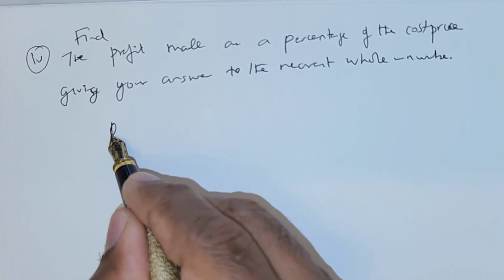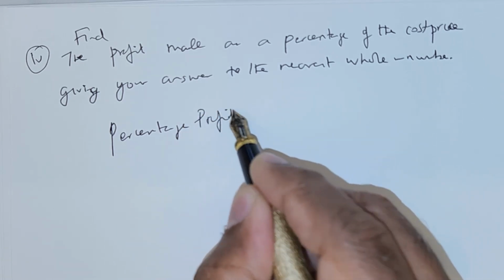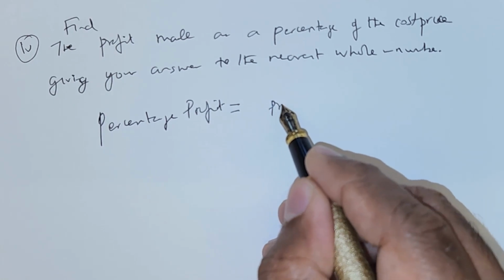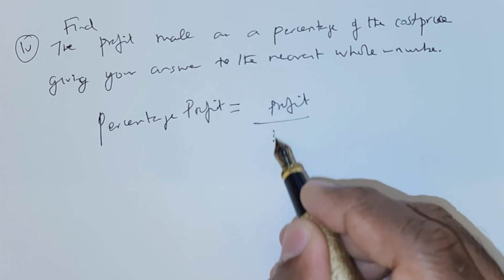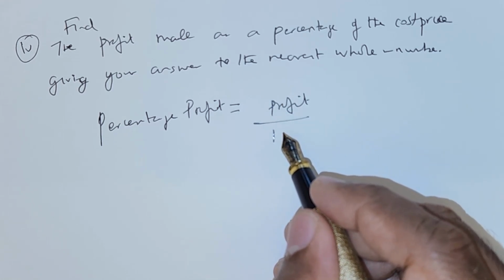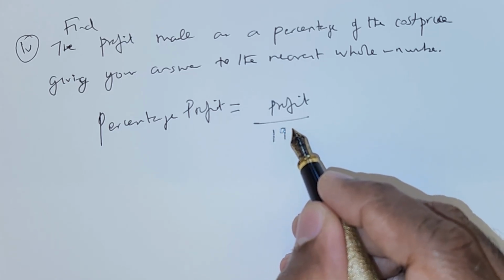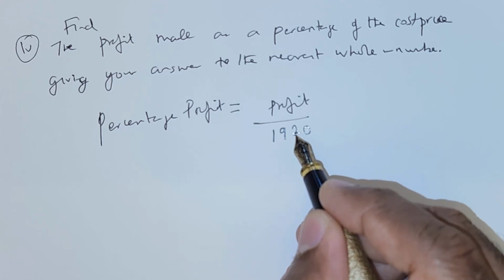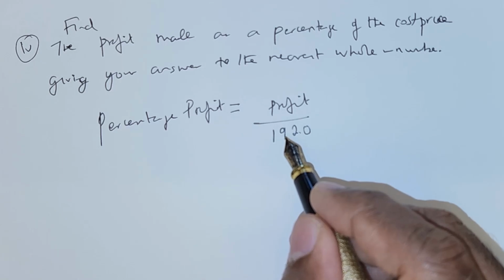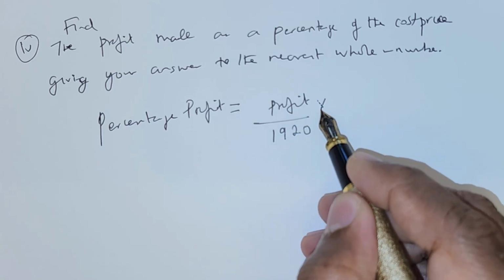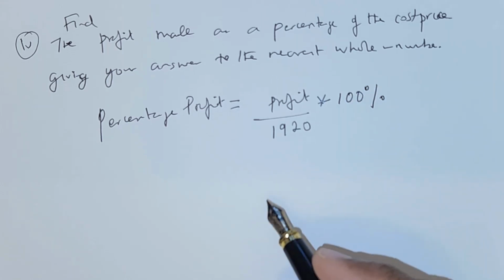Now this is the formula, percentage profit, very important formula, is equal to, what is the profit Mrs. Jack had made, okay, divided by the price that she actually paid to procure the product. So she invested 1920 and she made a profit, and we need to get the percentage, so you multiply by 100.